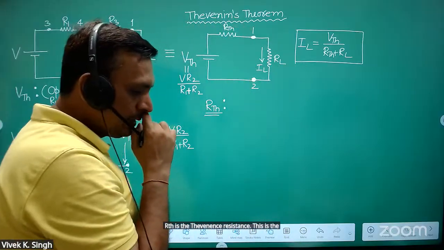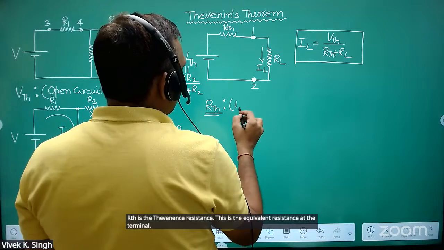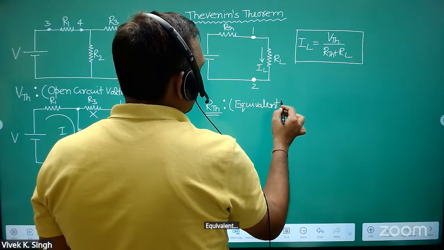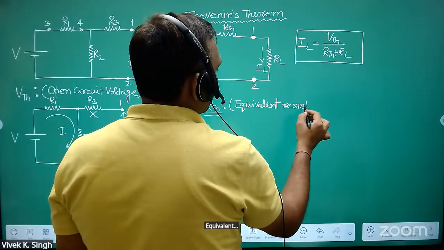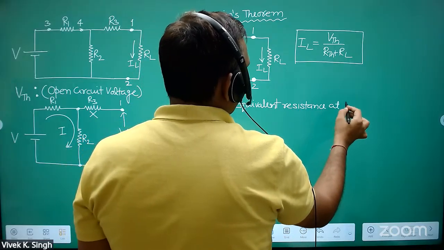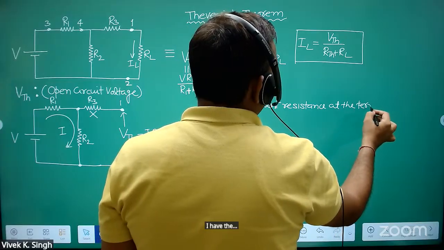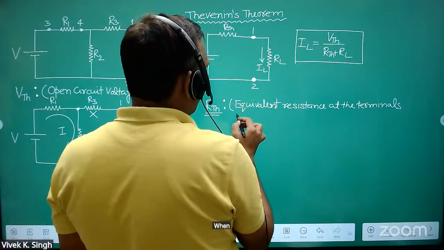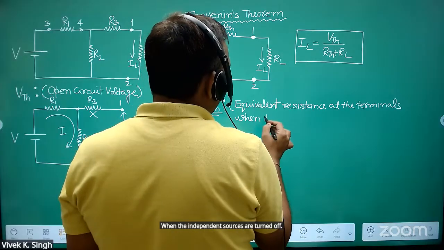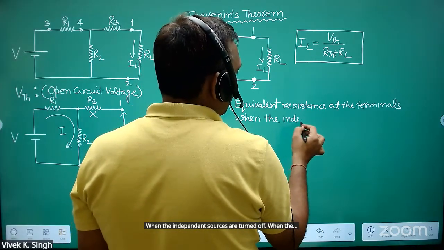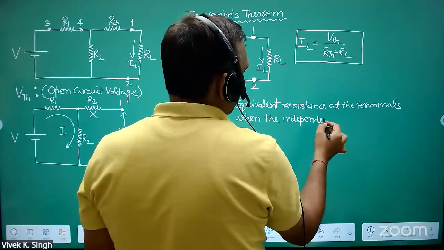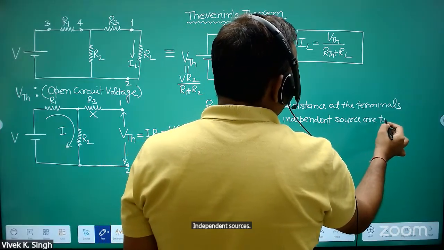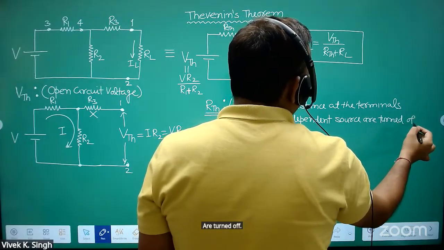This is the equivalent resistance at the terminals when the independent sources are turned off. You know the meaning of turned off.